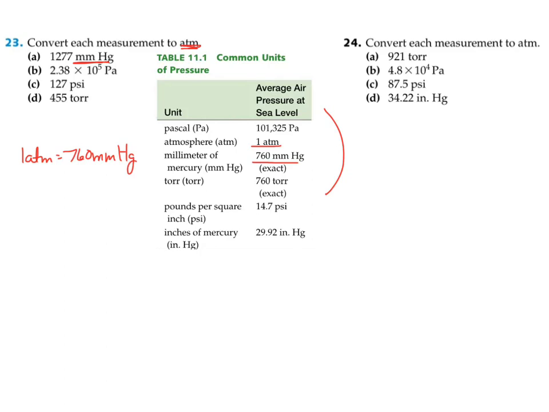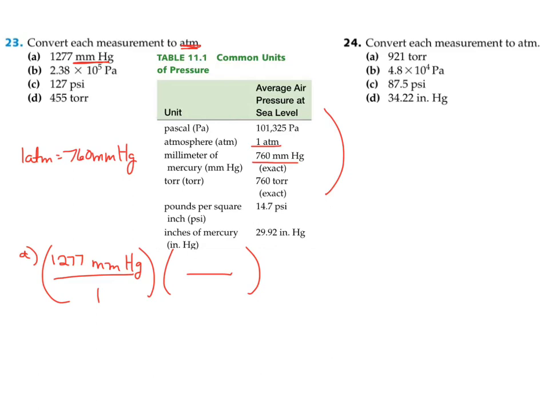For part A, we're going to use that as a conversion factor. When we work problems converting, in this case, from 1,277 millimeters of mercury to atmospheres, remember our first term is always going to be the thing we want to convert from. So 1,277 millimeters of mercury over 1.